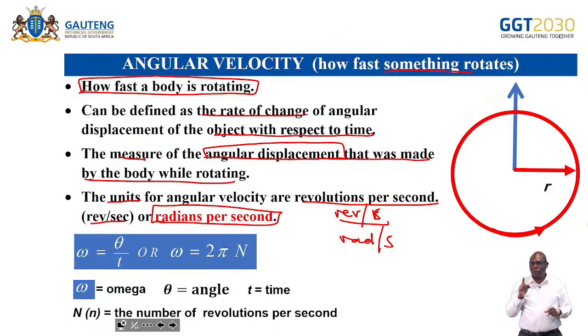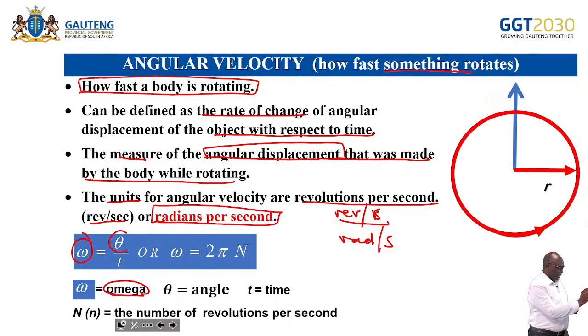Right, now let's look at the formula for the angular velocity. The angular velocity is that sign which looks like a W, but it is not W. It is called omega. So from now on, we call that sign an omega.